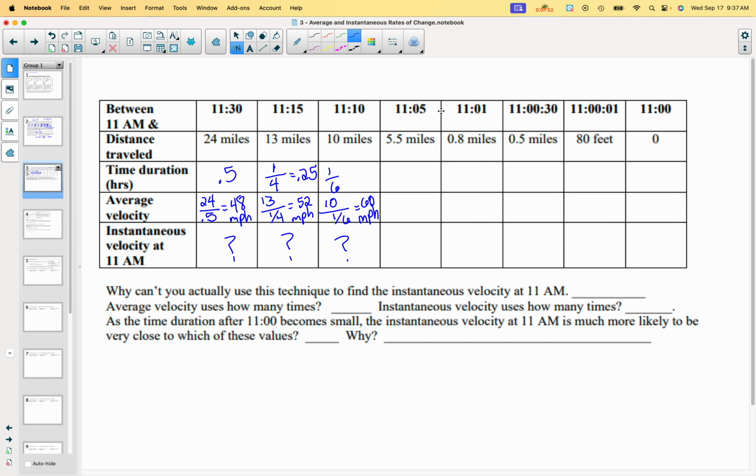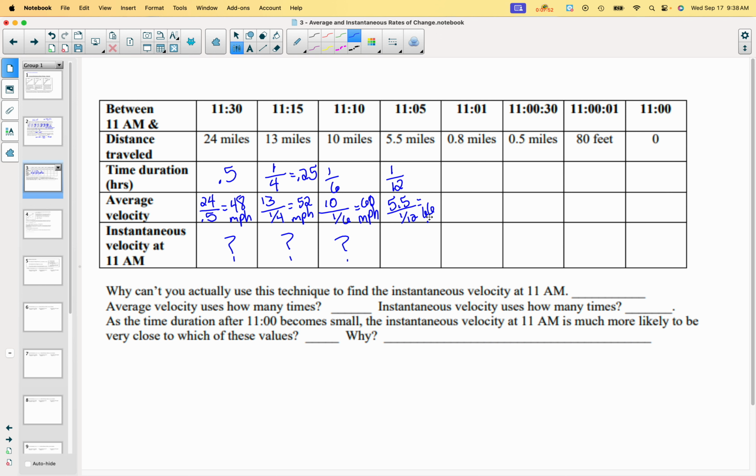So at 5.5 miles we've traveled at 11:05. So my time duration, 5 minutes out of the hour, is 1/12. And we're going to take 5.5 divided by a 12th. And I'll just tell you, this one I wouldn't necessarily get in my head.